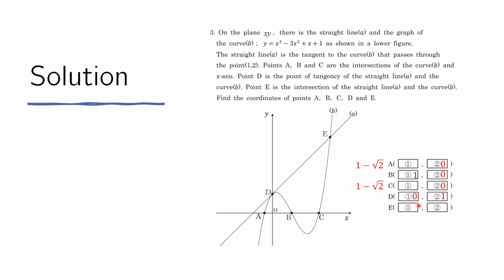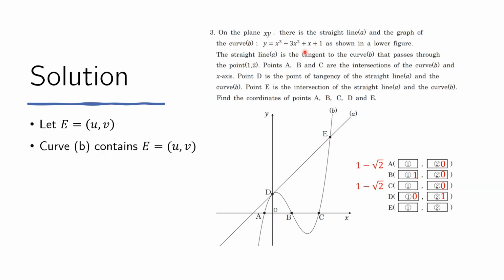So finally, now we can find the coordinates of E. First, let us set those unknowns to be u and v. So u and v. Now, E is contained in the curve B, and therefore it should satisfy this equation.